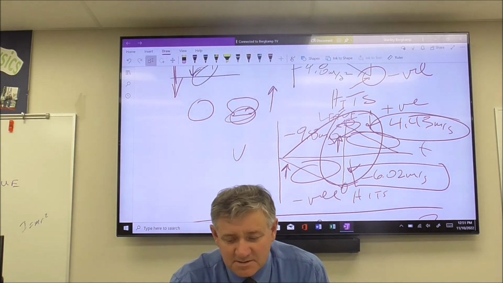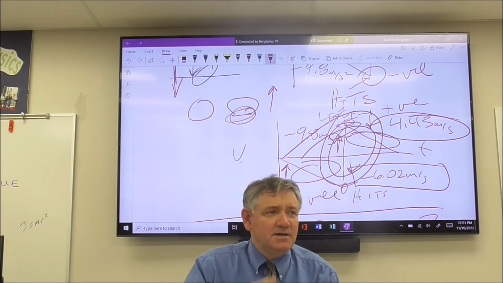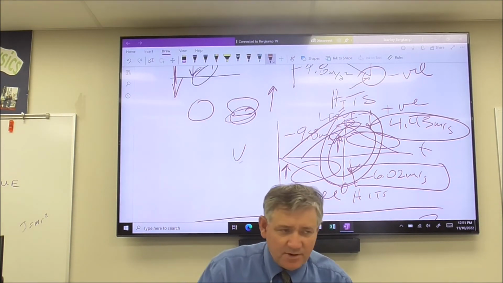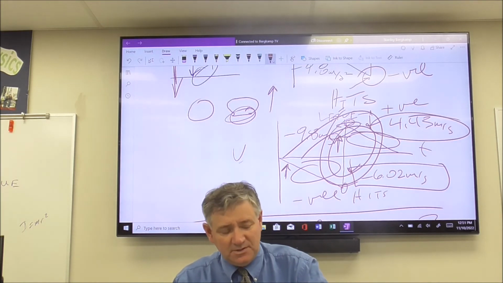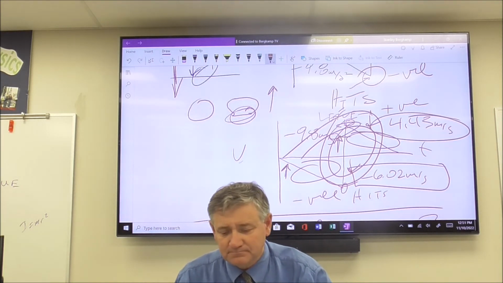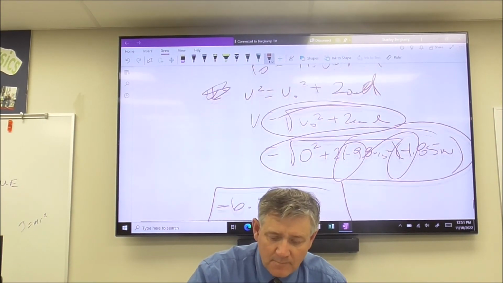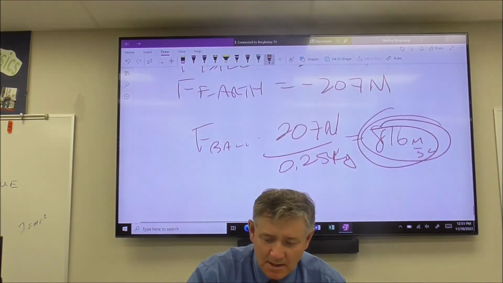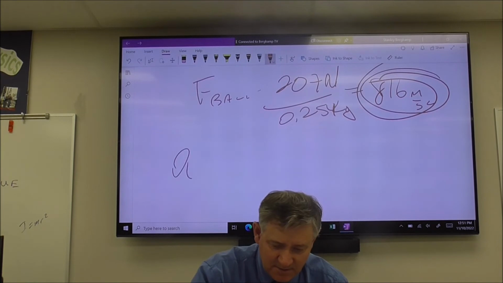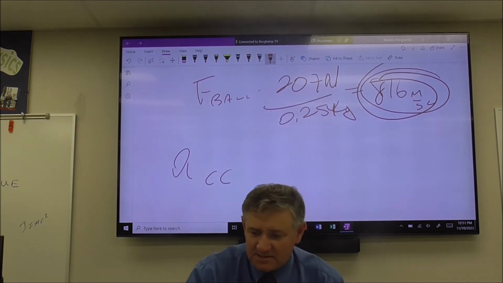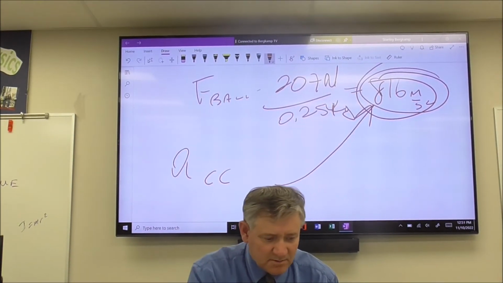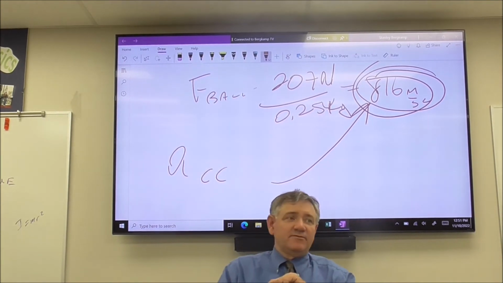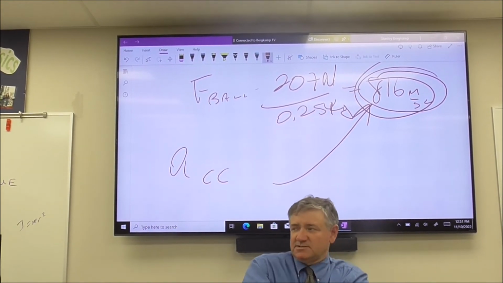That's going to be the slope of the line during that interval. Now we have one thing left to do, and one thing left only. I need to find the acceleration of the Earth. Is the acceleration of the Earth also going to be negative 816 meters per second squared?